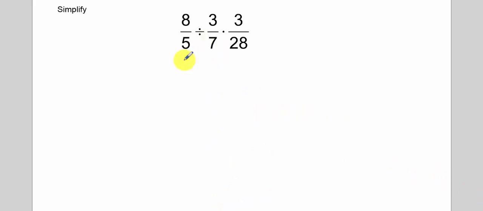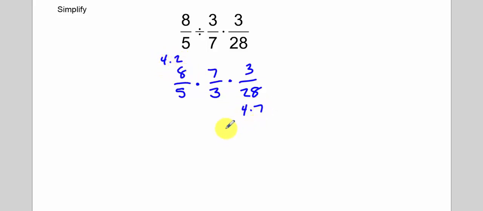Now in this case we have 3 terms. Only the term following the division sign gets multiplied by the reciprocal. So I have now 8/5 multiplied by 7/3 multiplied by 3 over 28. Again, common factors, I'm going to say this has a 4 and a 2, and this has a 4 and a 7.